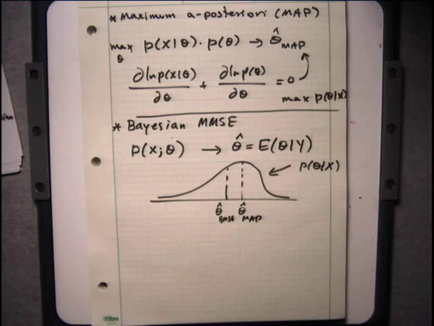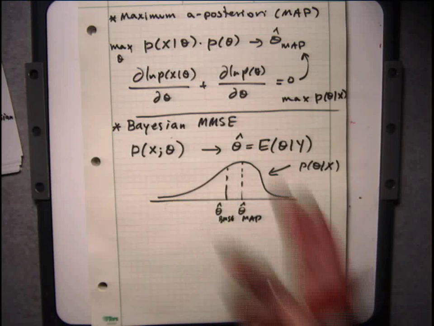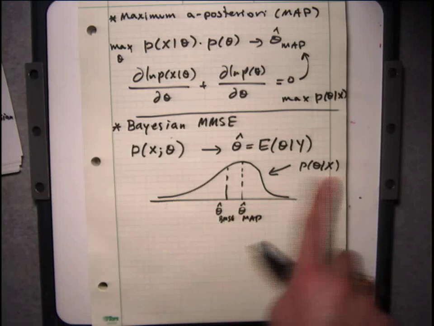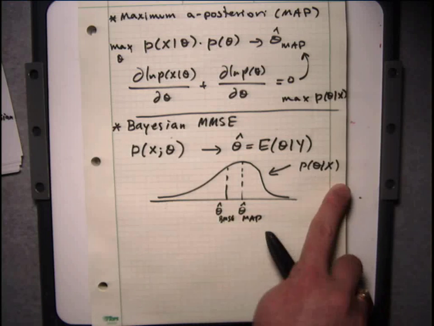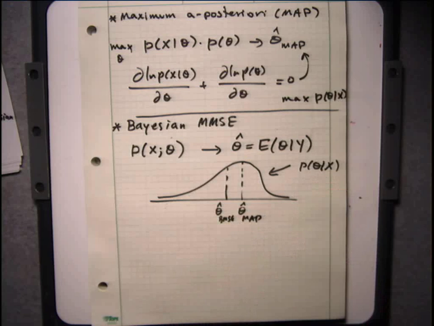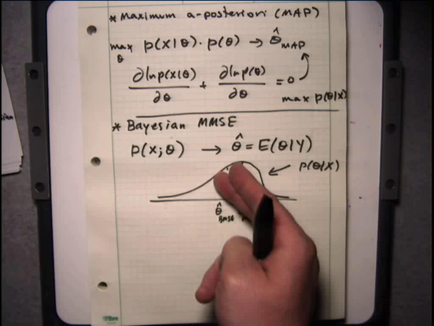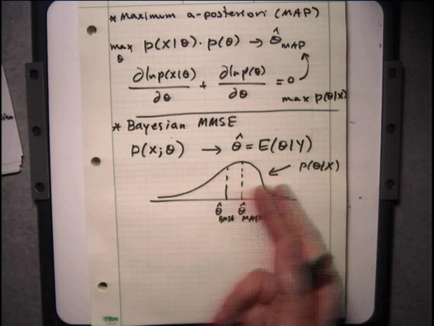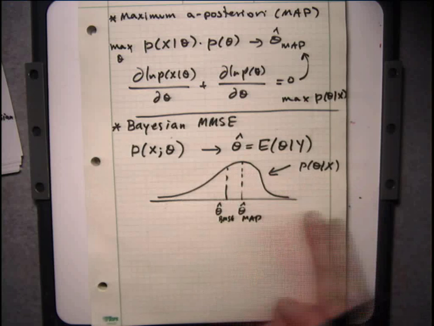All right, so when do these two, the MAP estimate and the Bayes mean squared error estimate, coincide? Well, obviously, in a situation like this, they're going to coincide when this posterior distribution is unimodal and symmetric. Right? So if the maximum and the expected value are the same, when does that happen? It happens when the posterior is symmetric. Okay.